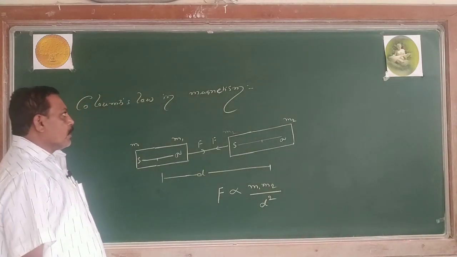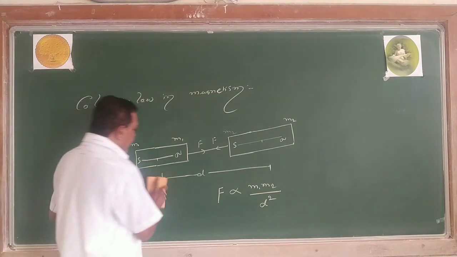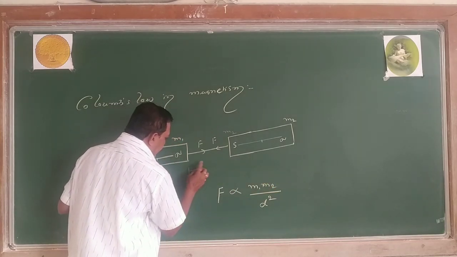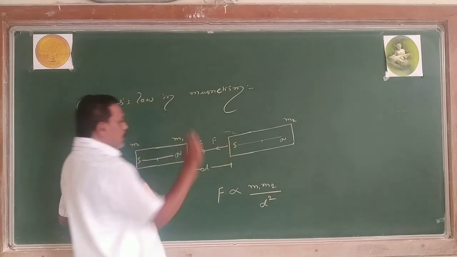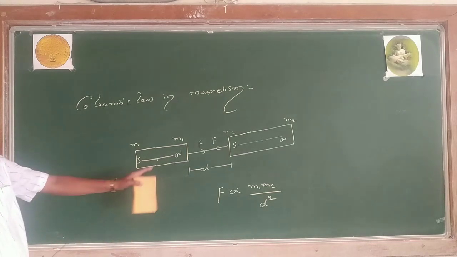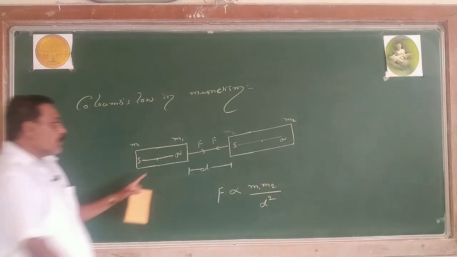So, if I consider this as D, the separation distance between the two poles, then the force is directly proportional to M1 M2 and inversely proportional to the square of the separation distance between the two poles.